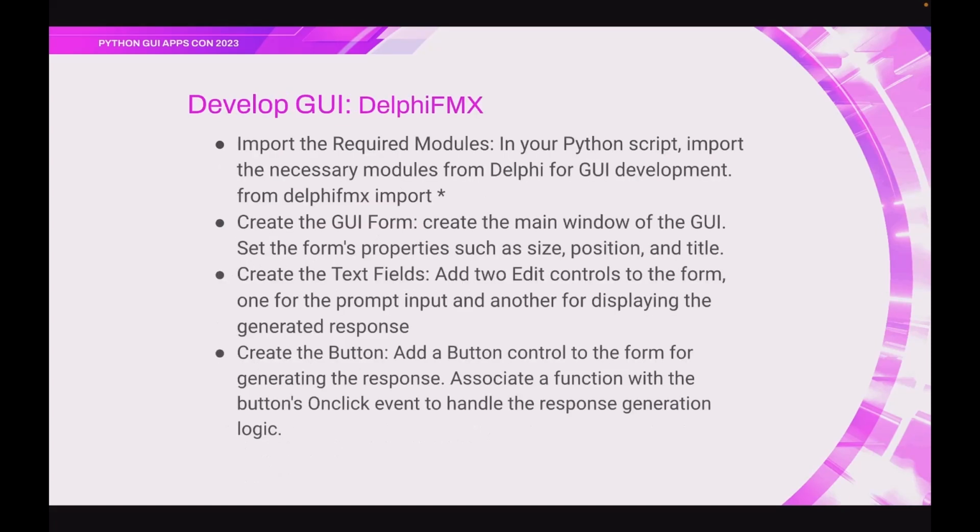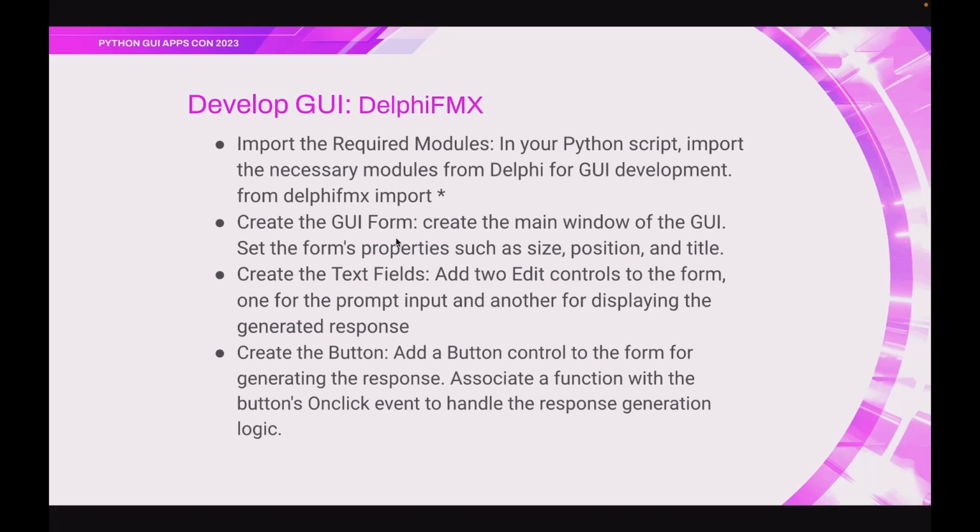So what we are going to develop in DelphiFMX. First we will import the required module in our Python script. Import the necessary module from Delphi for GUI development. From DelphiFMX, import all. This is the main module for DelphiFMX. Then we will create a GUI form.